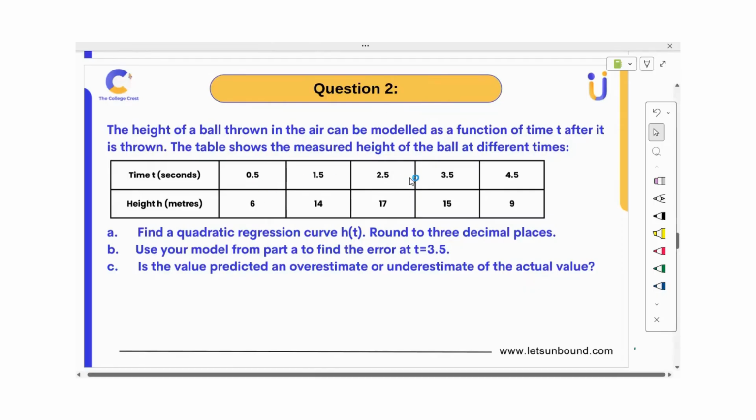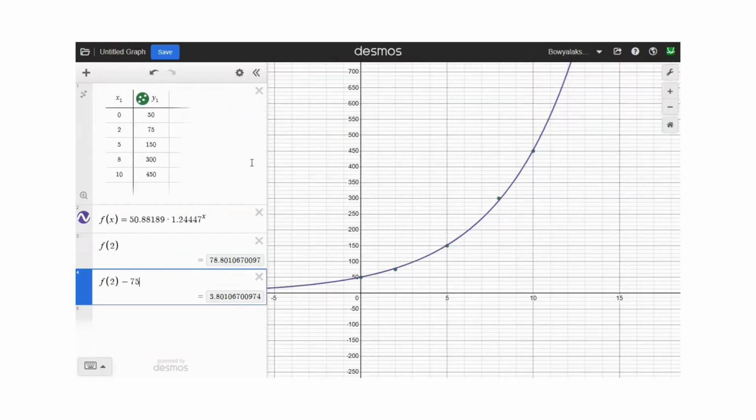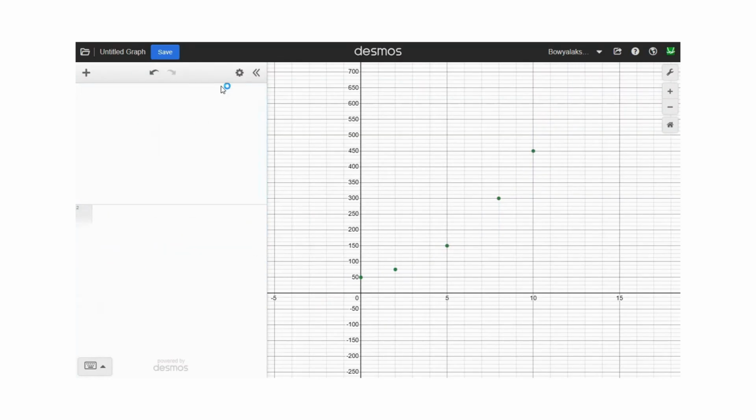Again, we should make a quadratic regression, round to 3 decimal places, find the error, and decide overestimate or underestimate. We are going for the calculator directly, with the same process. Only we should take care of quadratic regression, using the standard form of quadratic. Go for tables.